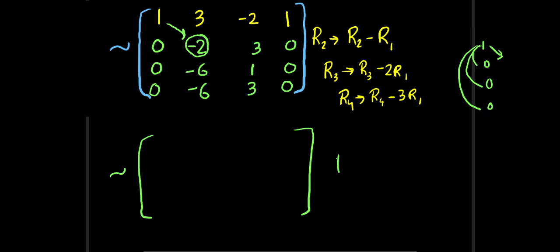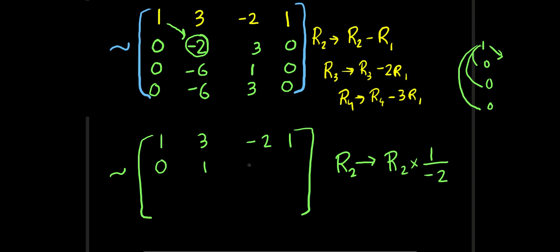Look at this, my target element is in the second row. Remember, in echelon form, you're not allowed to use column operation. So I have only one option. So I'm going to write that R2 changes to R2 into 1 by minus 2. So the second row is going to change. So there is no change in the first row. And the second row gets divided by minus 2. That is minus 3 by 2. And 0 by minus 2 is 0.